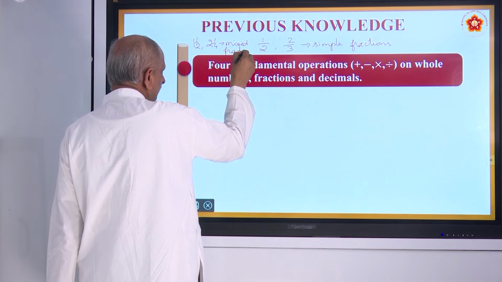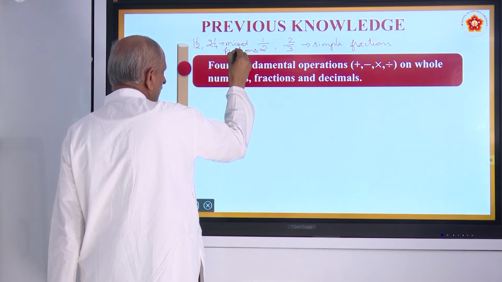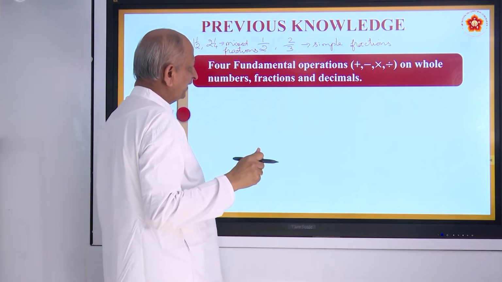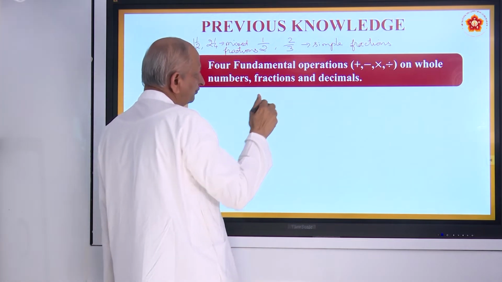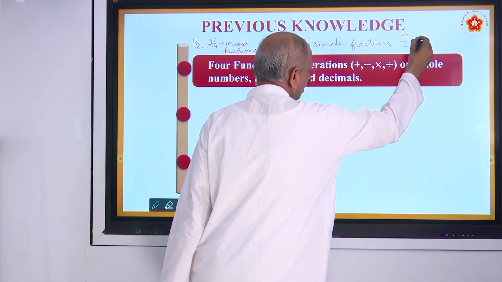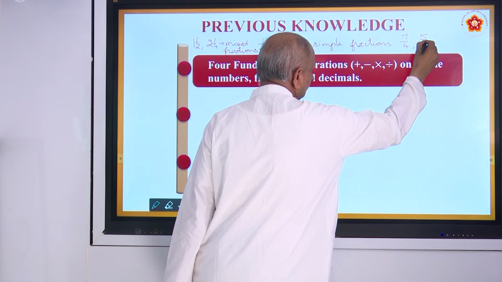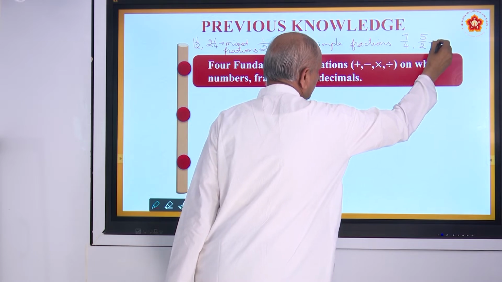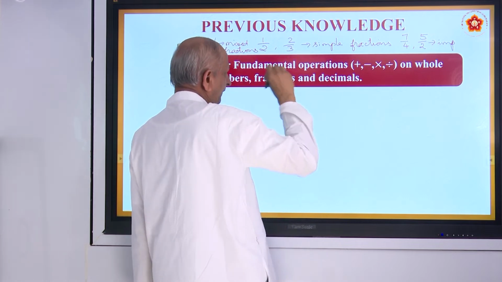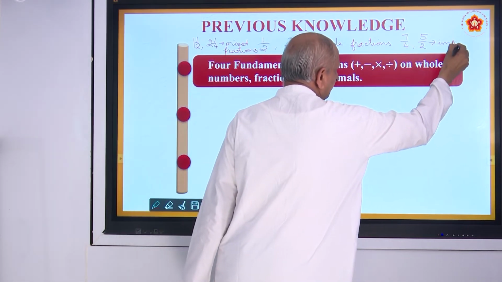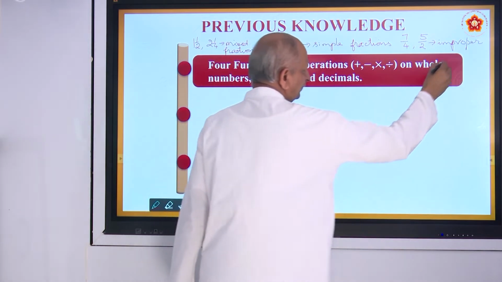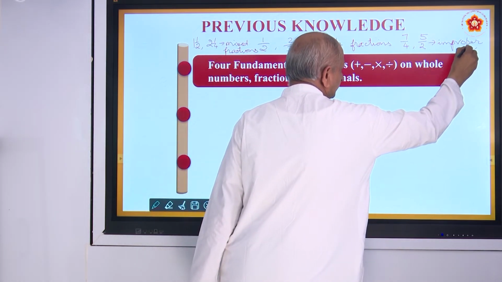And if the numerator is more than the denominator, we have improper fractions. Say for example 7 by 4, 5 by 2, etc. These are called improper. This is simple or proper, you can call it. Improper, you have numerator more than the denominator.